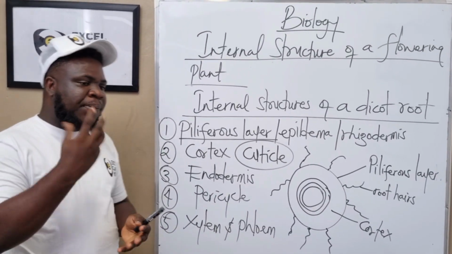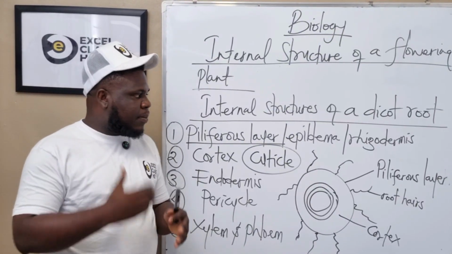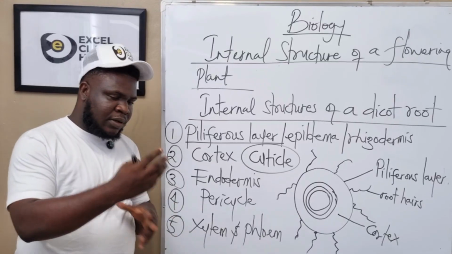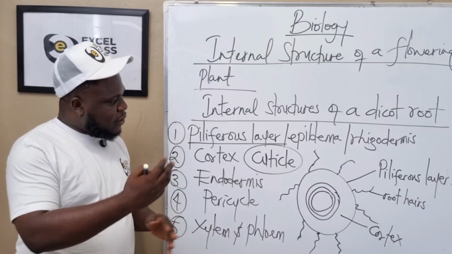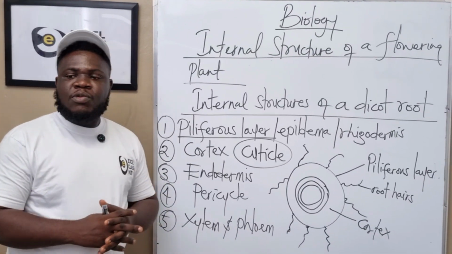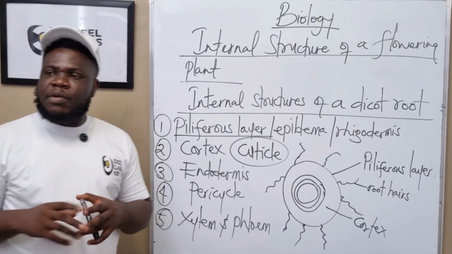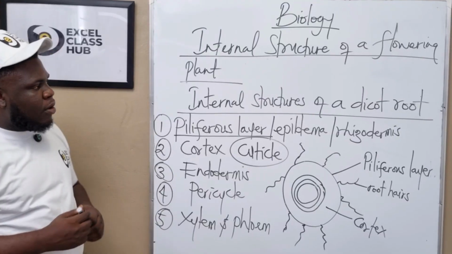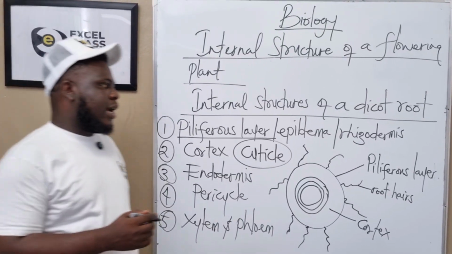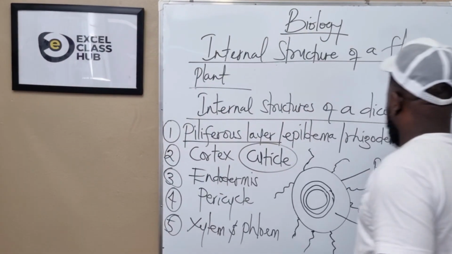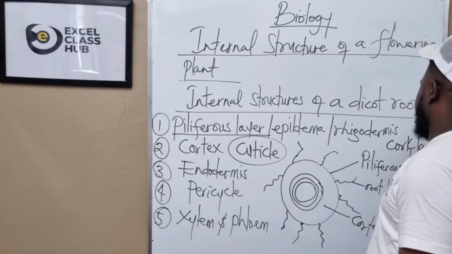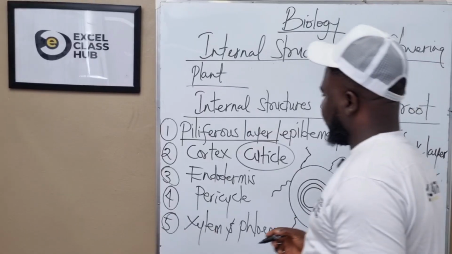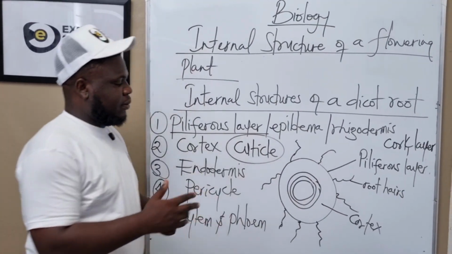Now, as the plant begins to grow, this piliferous layer will begin to break away from the plant, and will be replaced by a layer called the cork layer.